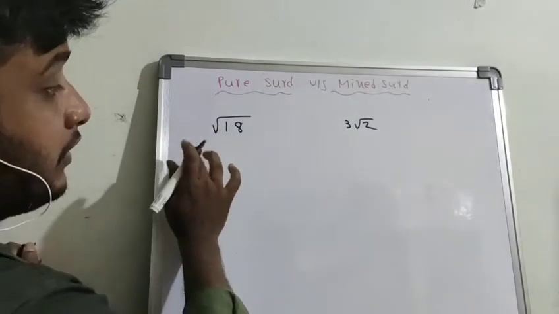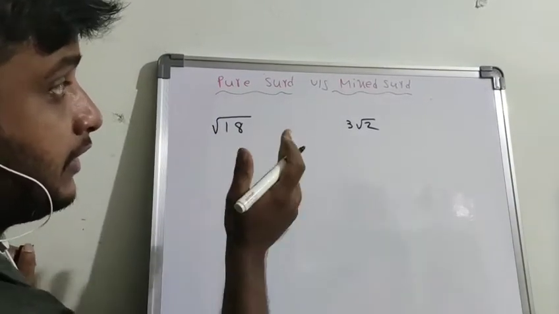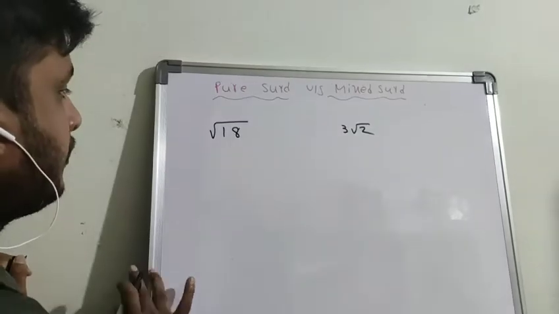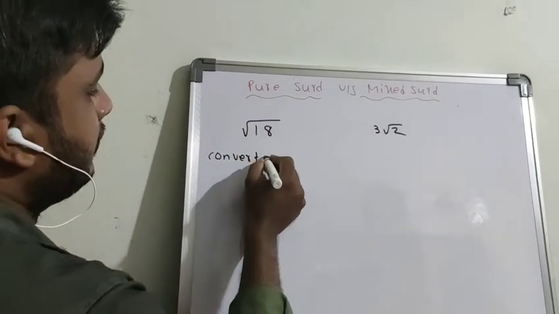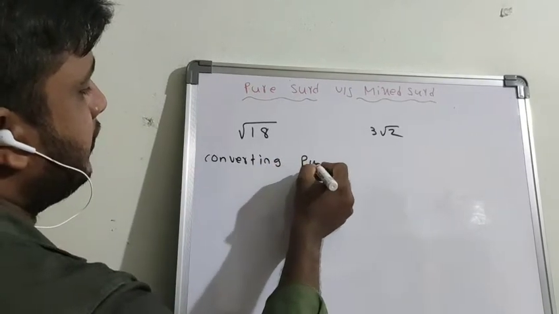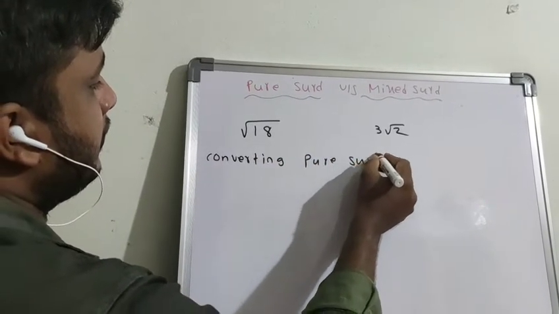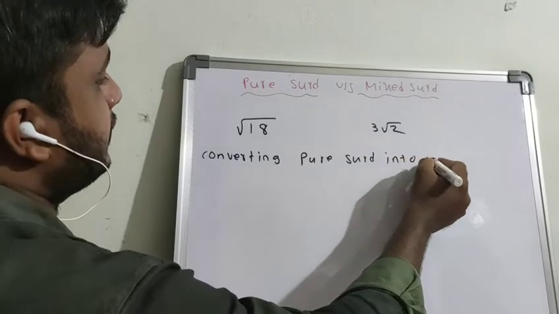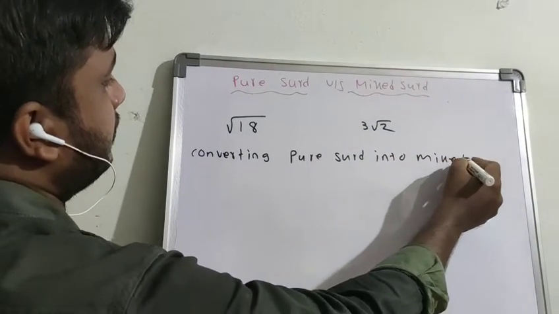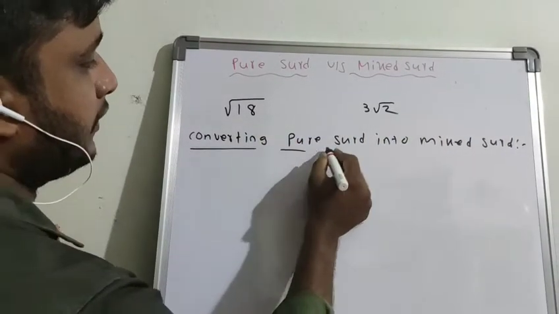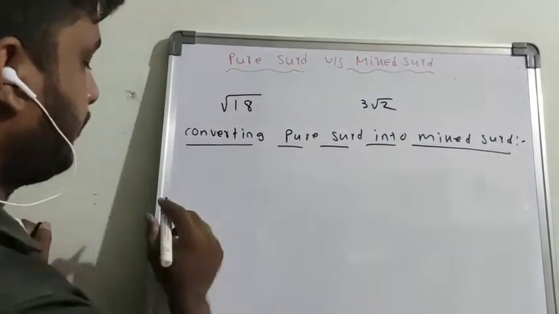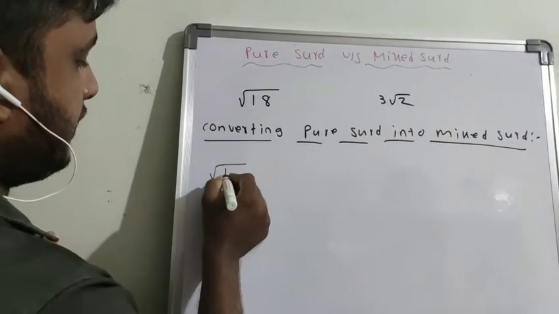So converting pure surd into mixed surd and mixed surd into pure surd is one of the important topics. How to convert pure surd into mixed surd? In calculation, this is very important. Say for example, root 18 is there.